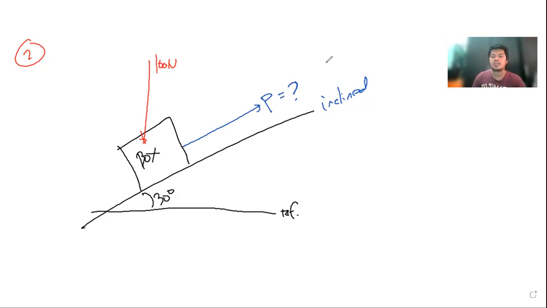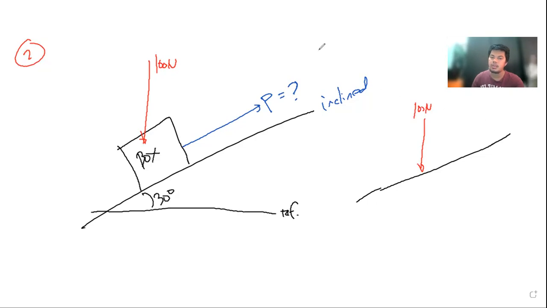So in this analysis, what we're going to do is reset. For example, this is the inclined plane, and then this would be the force, 100 Newton, the weight of the object.